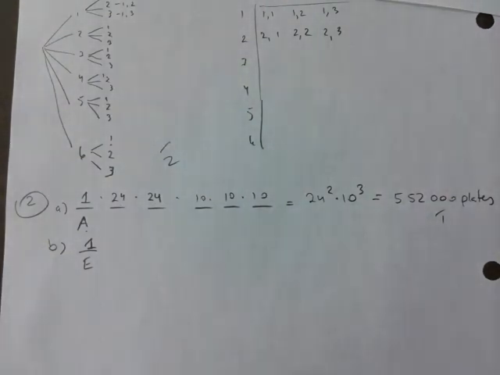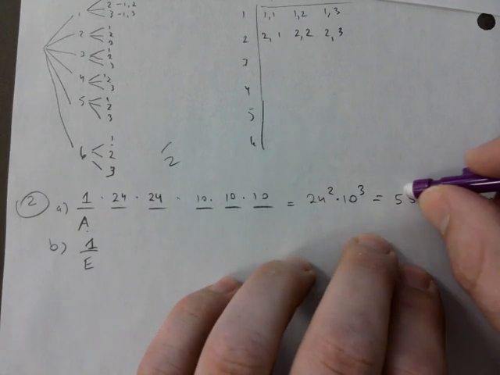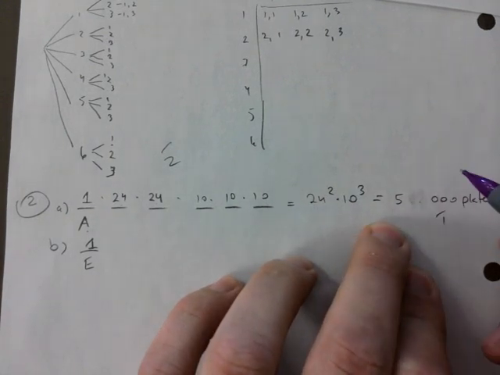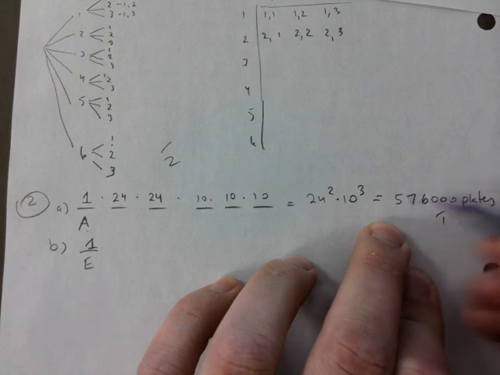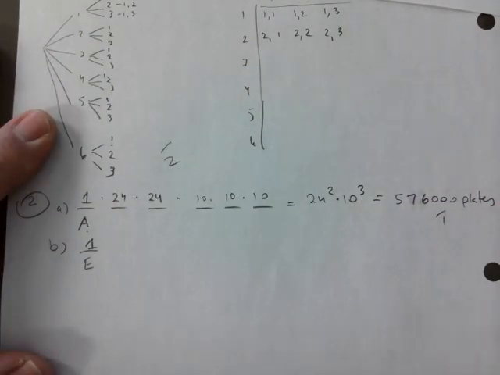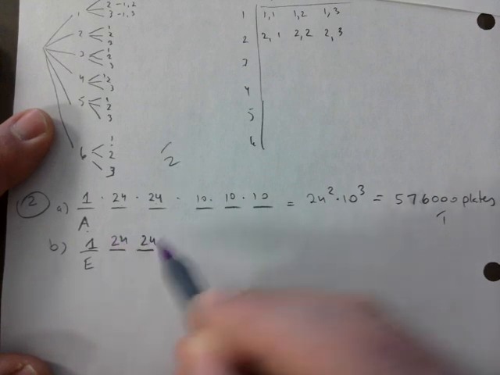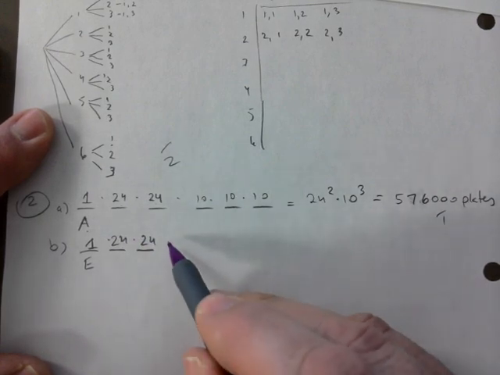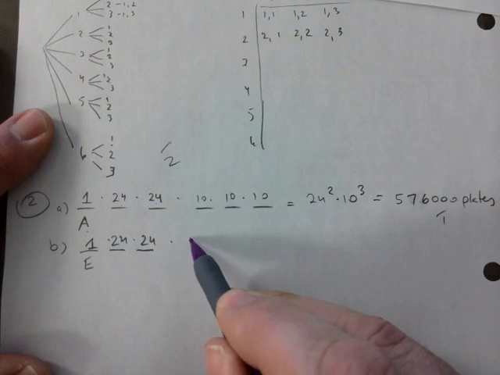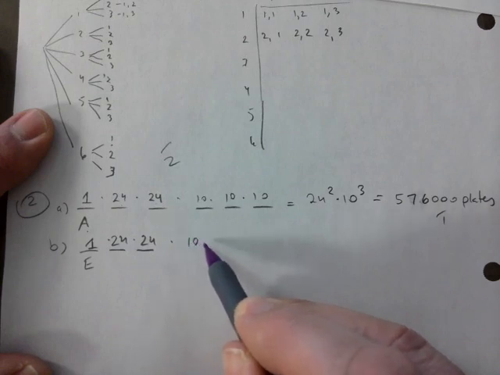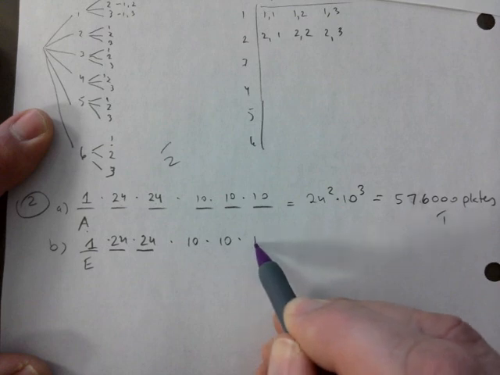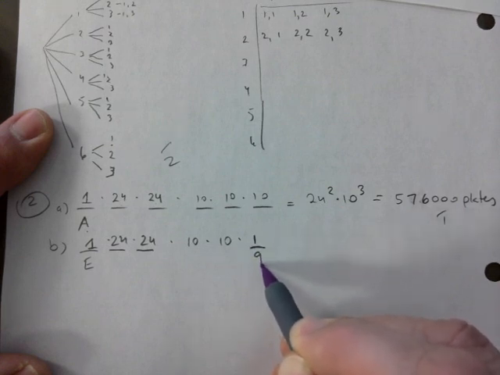So what is it? 576? Yeah. Do we have more than one person getting 576? Okay. And then the second one would be 57,000. Let me just set it up first. 24, 24, this would be 10, 10, and then just one option because this has to be a 9.